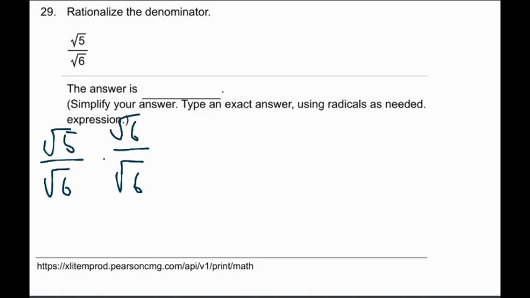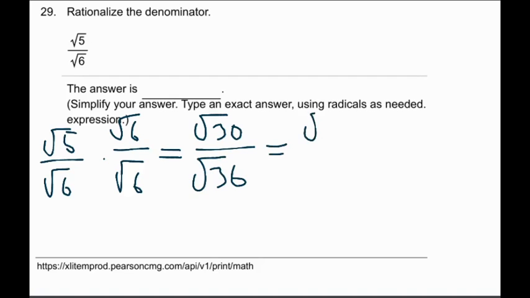In this case, it happens to be the square root of 6. So now we apply the product rule, which remember means that we multiply what's underneath the radical. So 5 times 6 yields the square root of 30. And the square root of 6 times the square root of 6 is the same thing as the square root of 36, which simplifies down to 6, so we get the square root of 30 over 6.